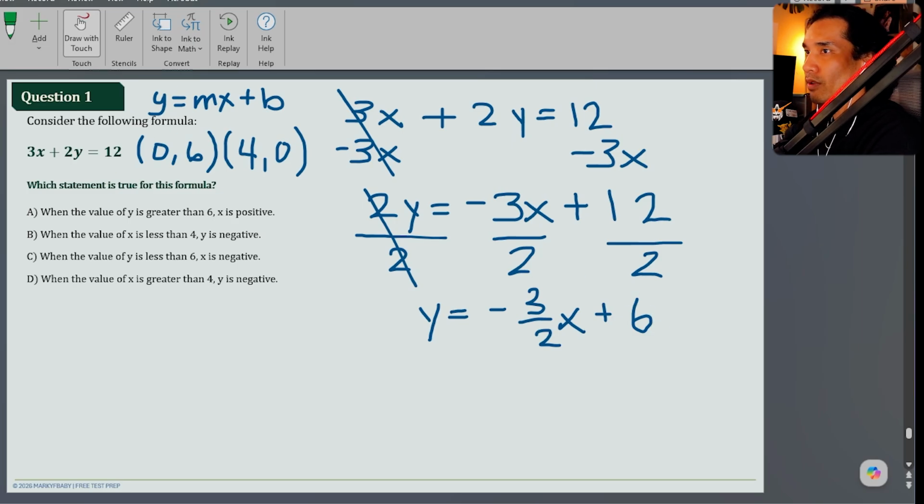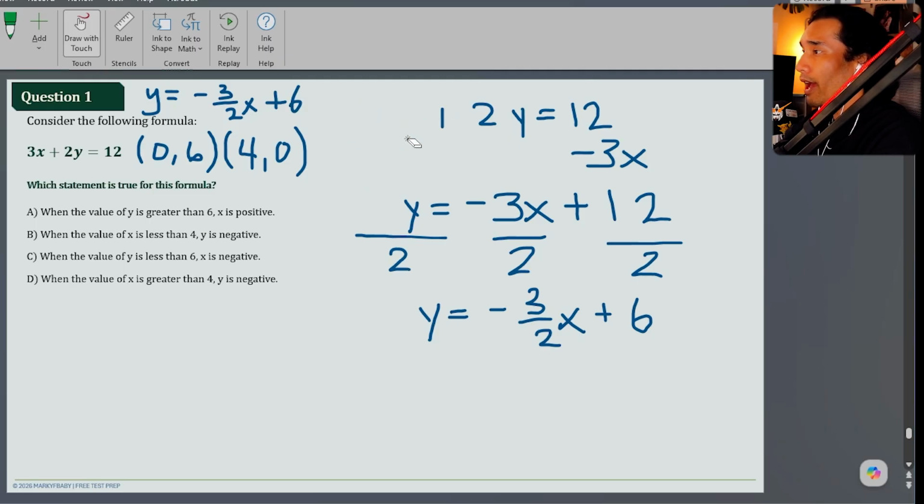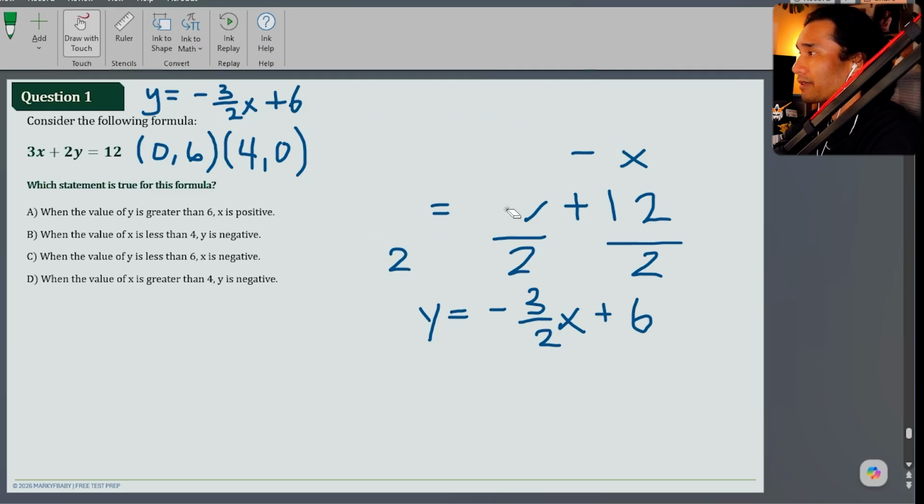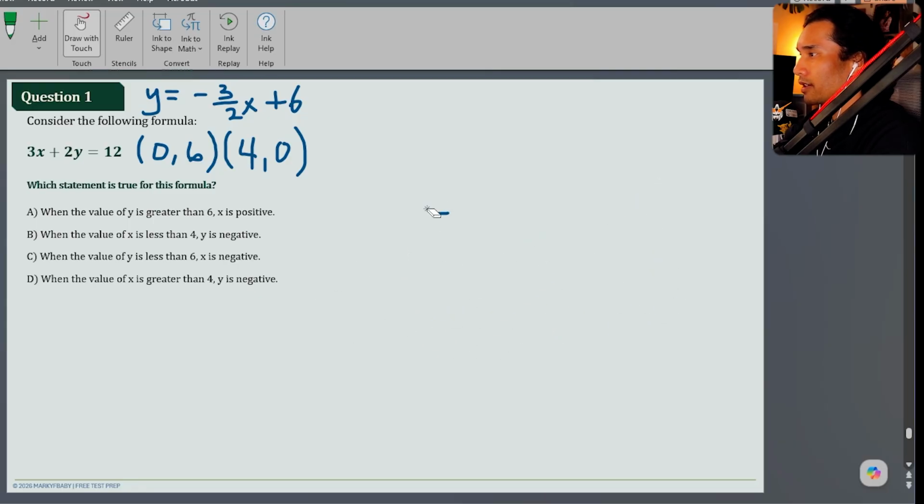So I am going to write that equation right here just for our records. We don't really need it, but I like to have it just so it will guide me as I draw out this graph. And the graph, guys, does not have to be perfect. You do not need a perfect graph. Just sketch one. Just draw a line like this.